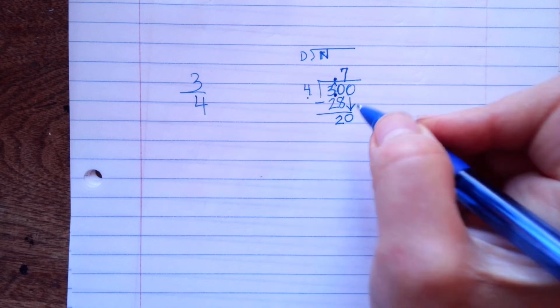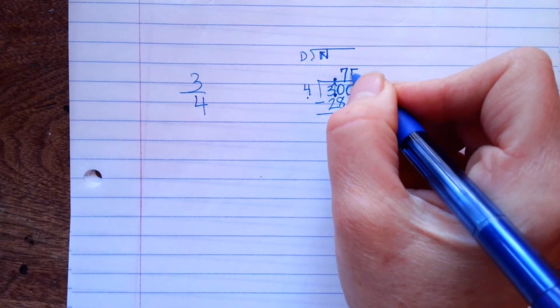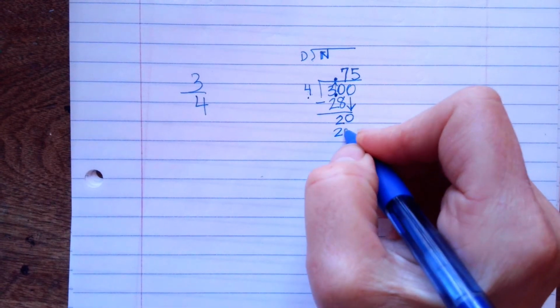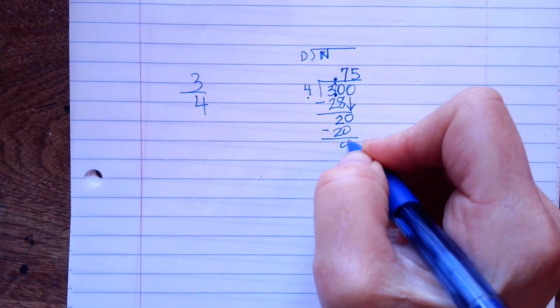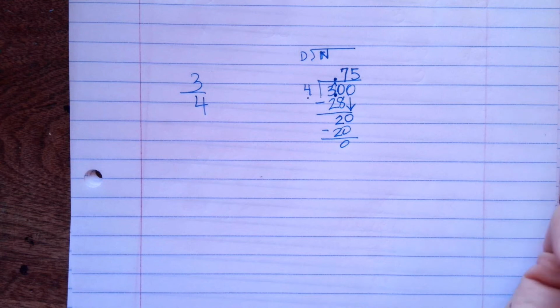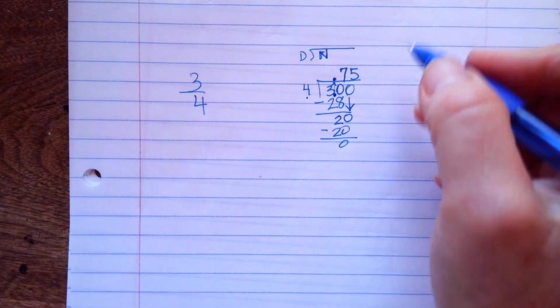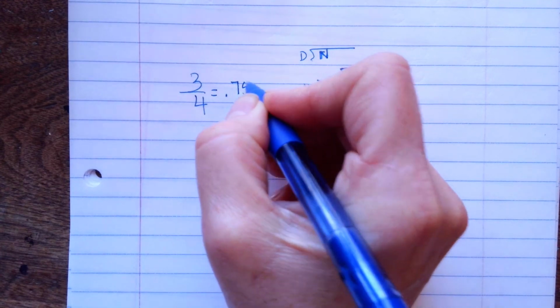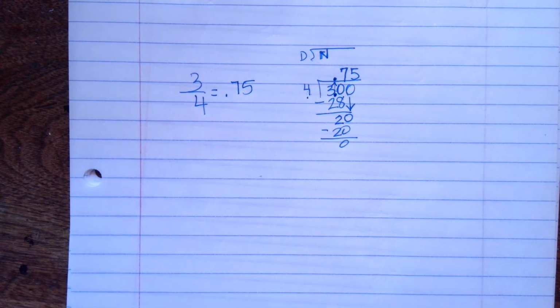How many times does 4 go into 20? 5 times. 5 times 4 is 20. We do not have a remainder, so we can stop there. So 0.75 is our answer.